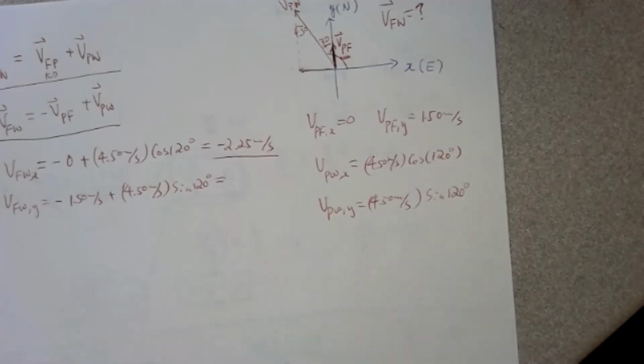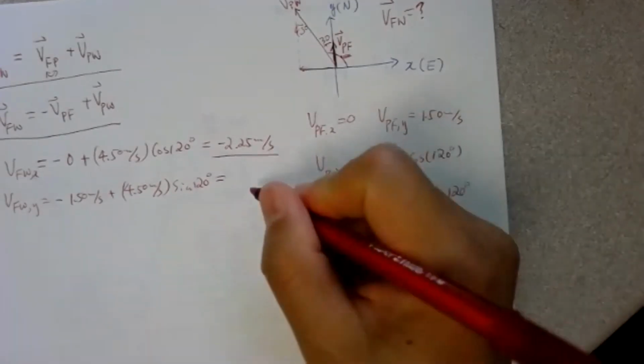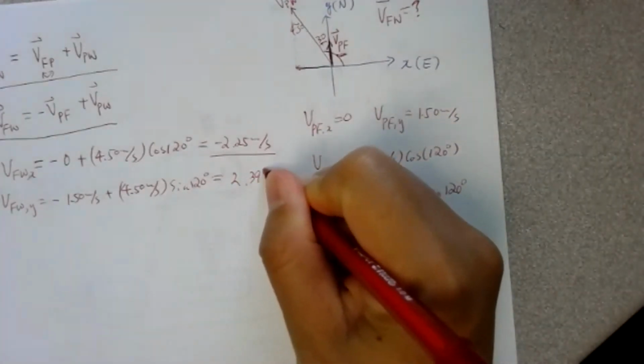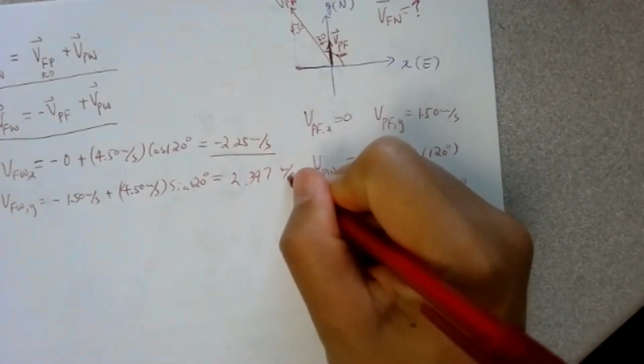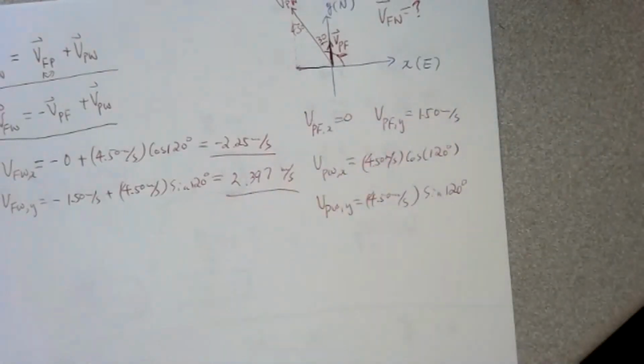All right, so you guys can do this, or let me just double check with this. So minus 1.5 plus 4.5 sine of 120 degrees. It gives me 2.397 meters per second. Okay, so this is my y component, right?